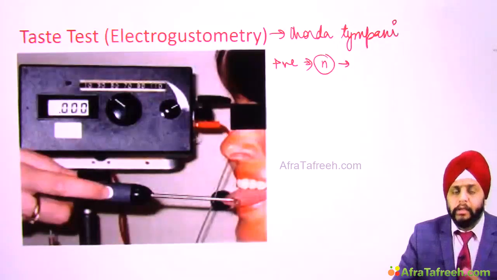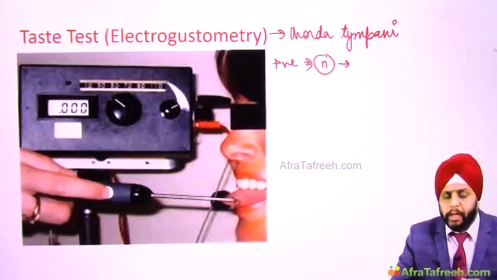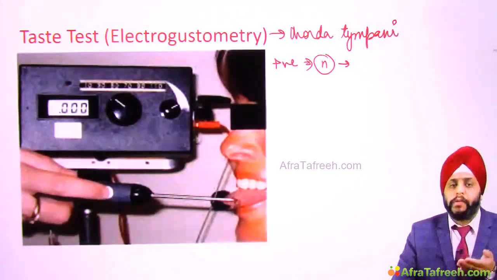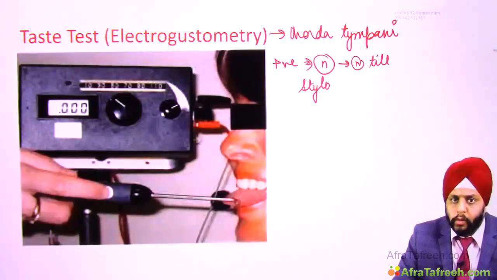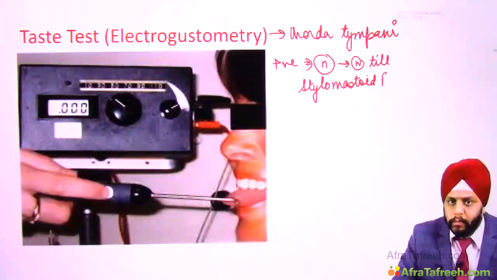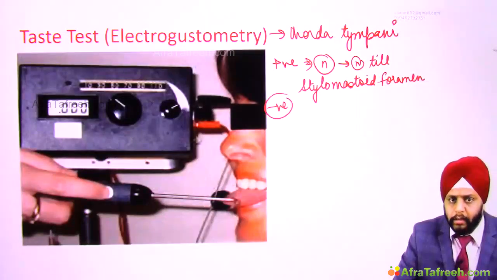That means the facial nerve is normal till the chorda tympani nerve comes off, just above the stylomastoid foramen. So that means the facial nerve is normal till the stylomastoid foramen. All right, let's say the taste is gone.